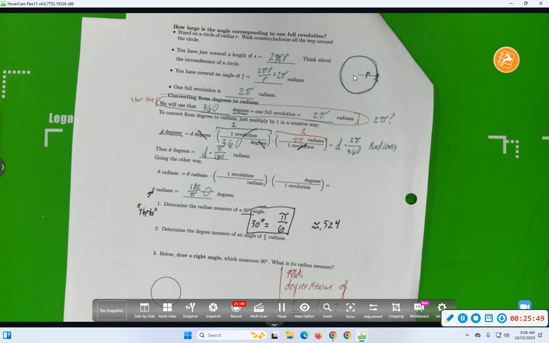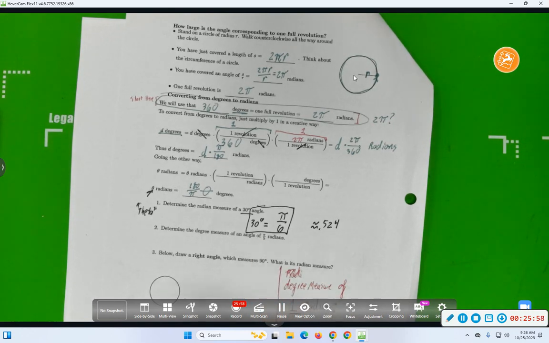By the end of this semester, if you haven't internalized that 30 degrees is pi over 6 radians, then I've done something wrong. How about pi over 5? Could you convert that to degrees?